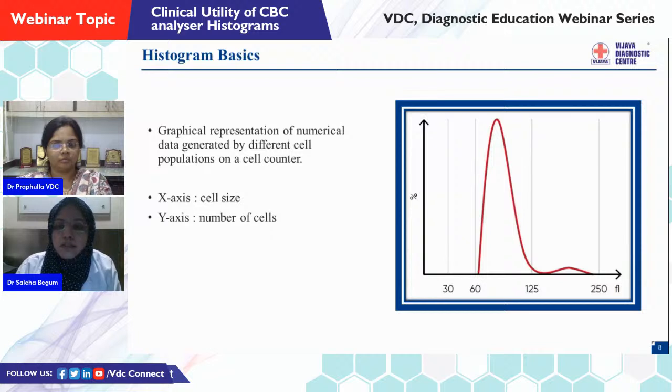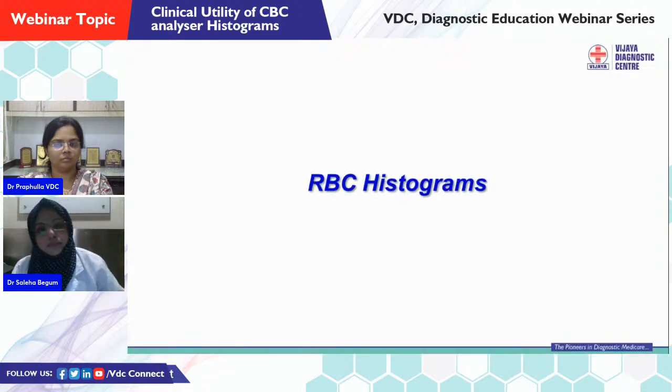A few points are worth mentioning: it should start at the baseline, follow a smooth ascent, a peak, and a smooth descent, and return to the baseline. Any deviations from this normal pattern have specific causes, which we will see in the upcoming slides.